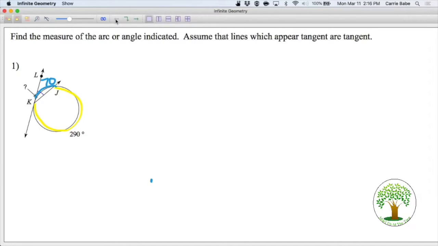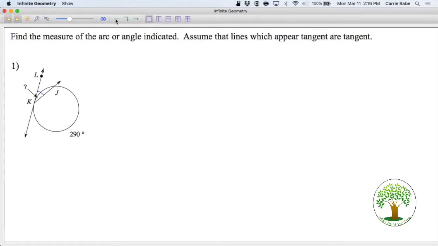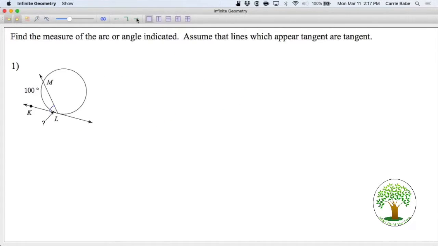So then angle LKJ is 1/2 of 70, which is what? 35. Very good. 35 degrees. Let's check it just to make sure we're right.